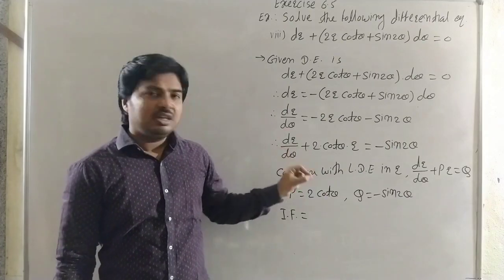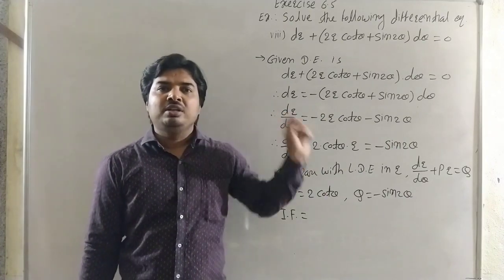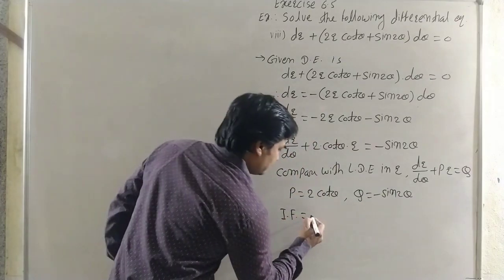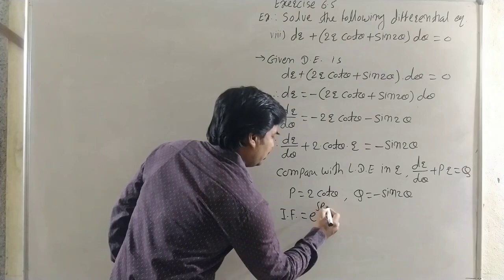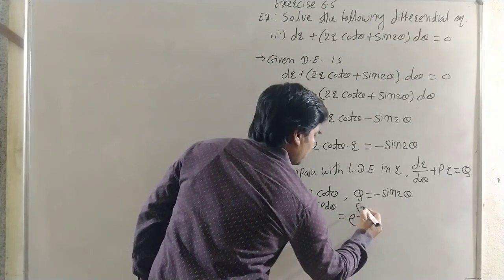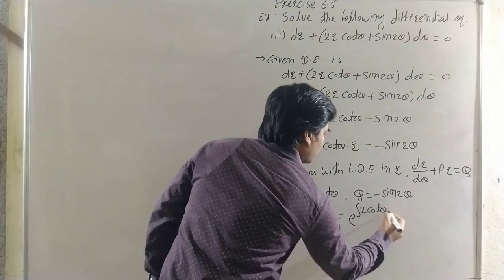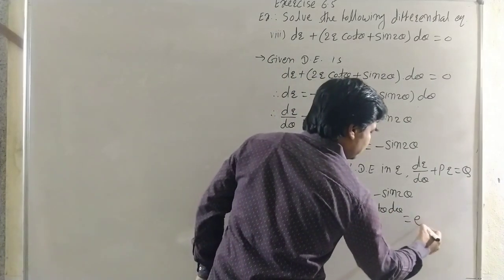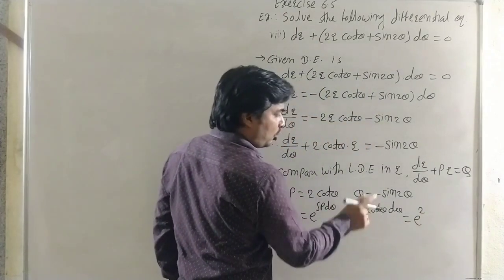Here the integrating factor is e to the power integration of P with respect to theta, that is e to the power integration of 2 cot theta with respect to theta, where 2 is a constant.